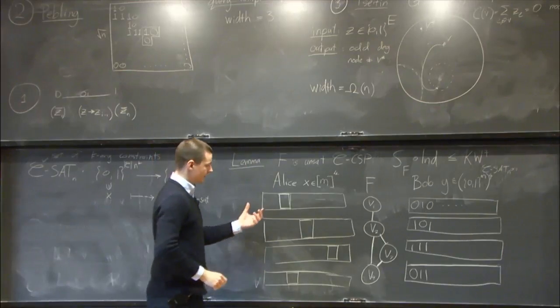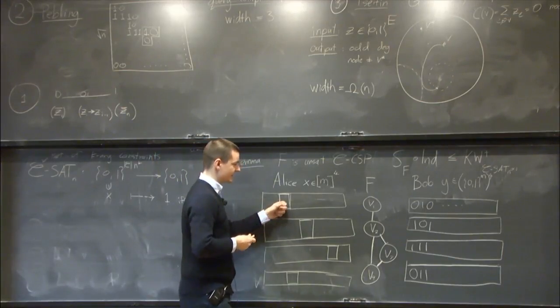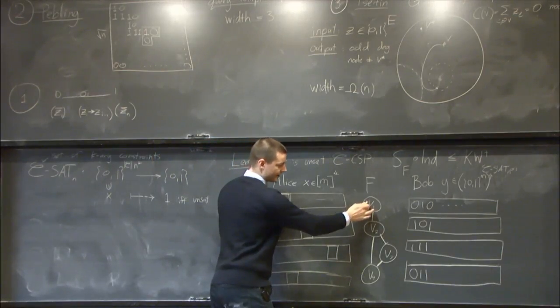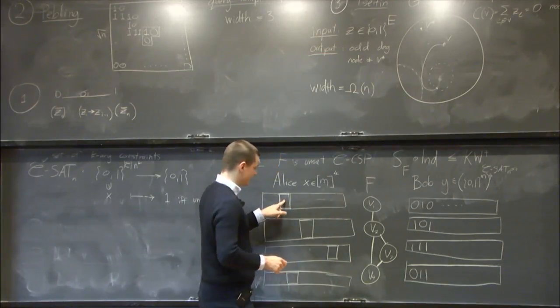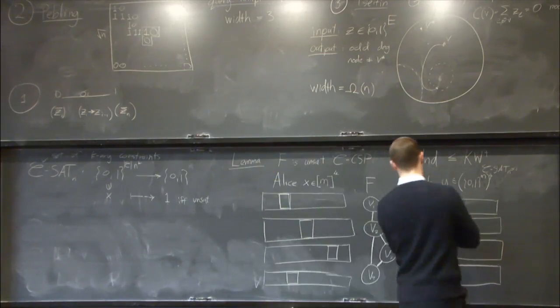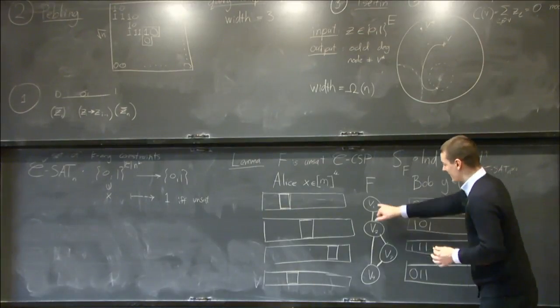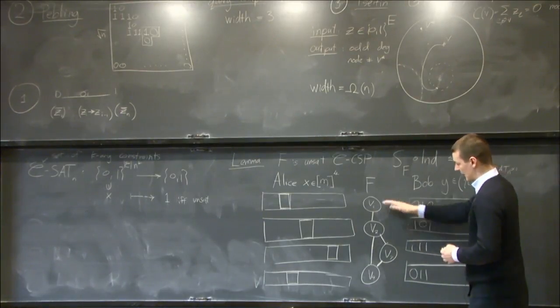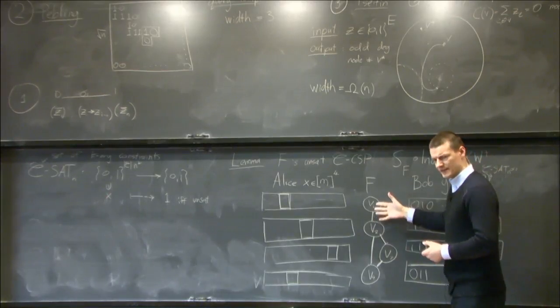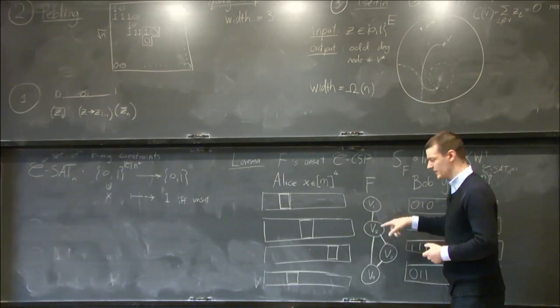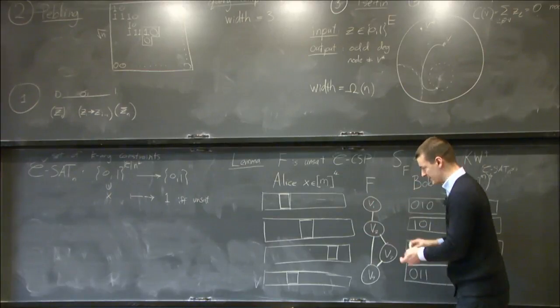So the meaning of the gadget is that this variable receives the value that is Bob's bit in this position. So I guess it would be 0. So this variable receives that value, and so for all the variables. And again, you need to find the falsified constraint under this truth assignment coming from the gadgets.